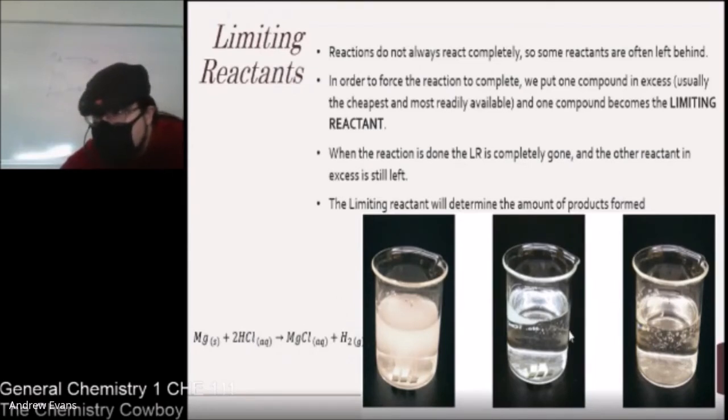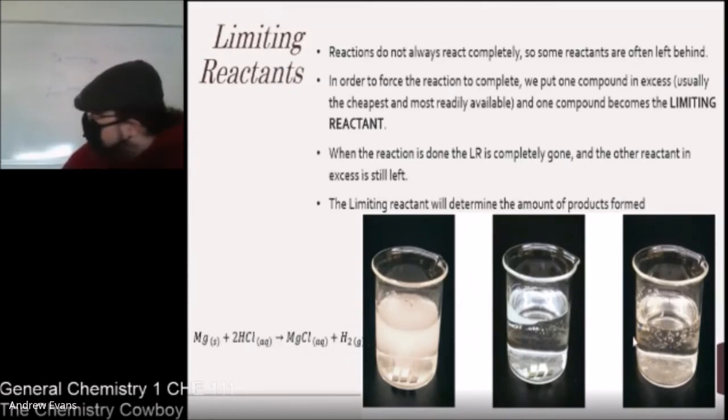In this case, the magnesium has fully dissolved. So we can't form any more H2 gas if we have no more magnesium to dissolve. It's all reacted. So depending on which one you have in excess says what is going to be limited at the very end.